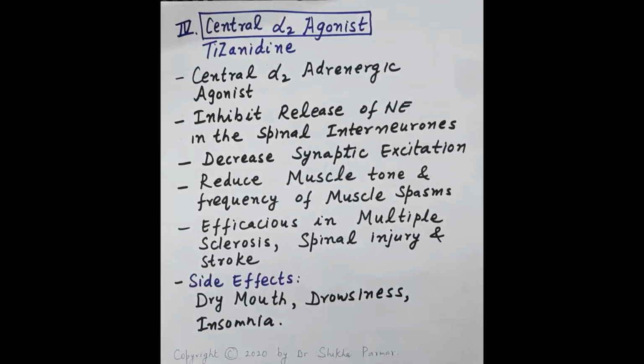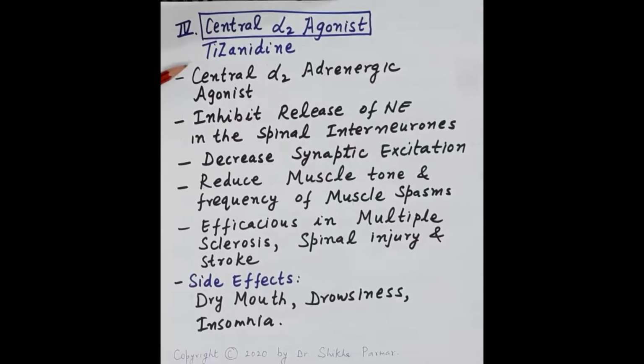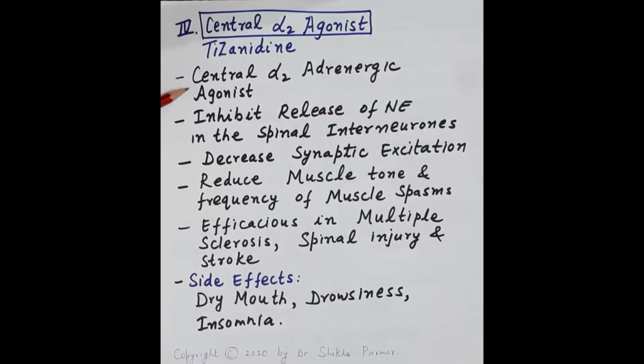Another very important category is the central alpha 2 agonist. The drug is tizanidine, central alpha 2 adrenergic agonist. It binds to the central alpha 2 receptors and inhibits release of norepinephrine from the upper motor neuron.